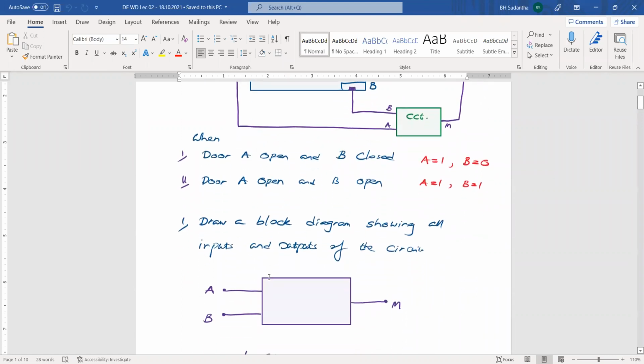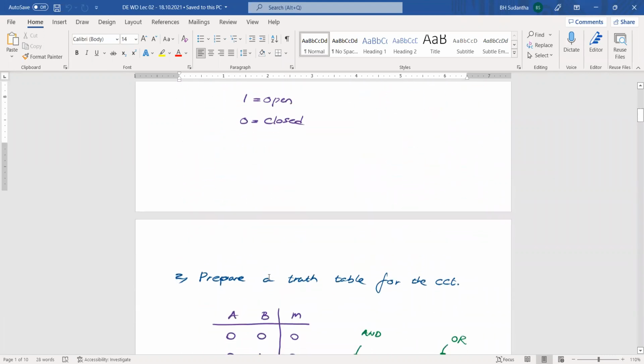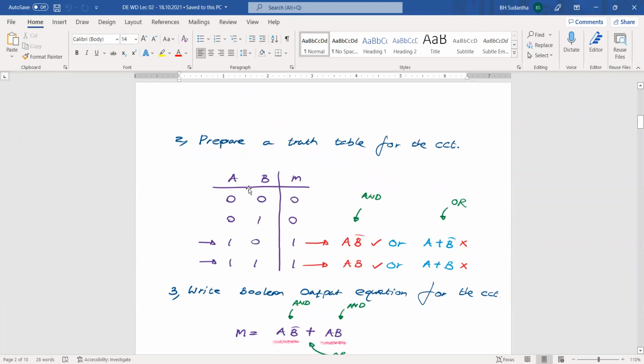When A is open and B is closed, we had this truth table. In this truth table, the output M is 1 here. Why? During that time, the inputs are A 1, B 0. Because of this particular input value, this output is 1.